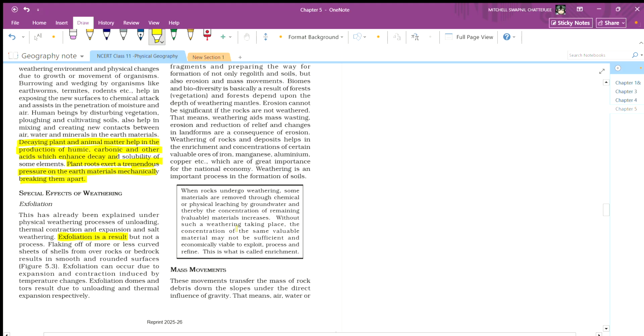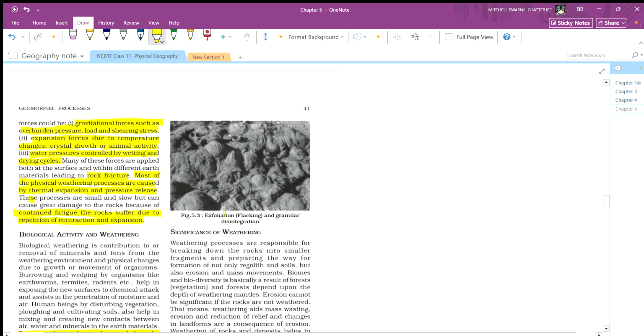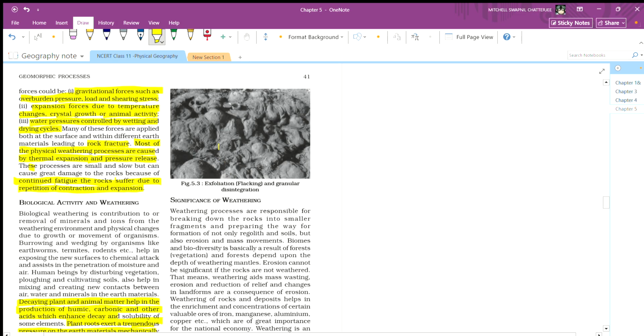Exfoliation can occur due to expansion and contraction induced by temperature changes. Exfoliation domes result due to unloading and thermal expansion respectively. So this is the beautiful curve made by exfoliation.